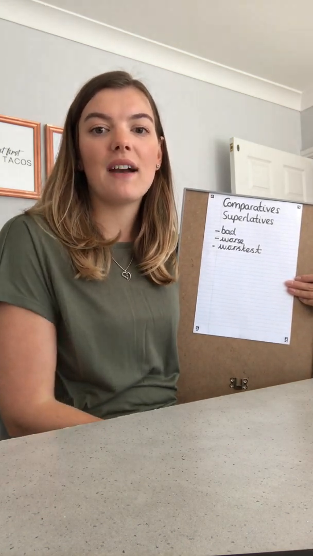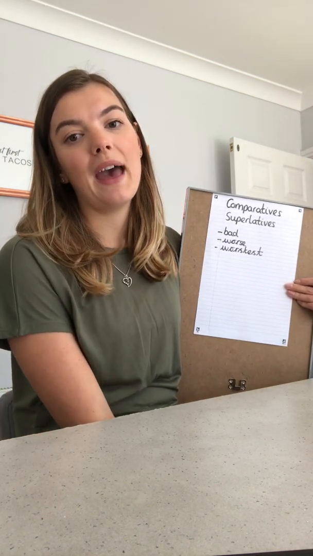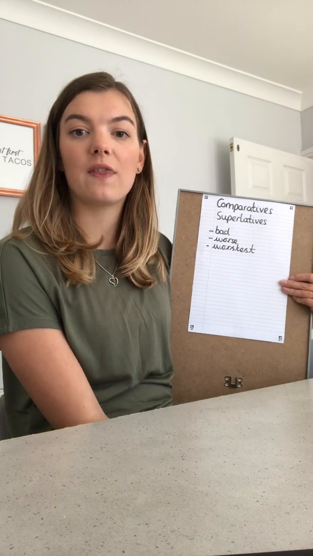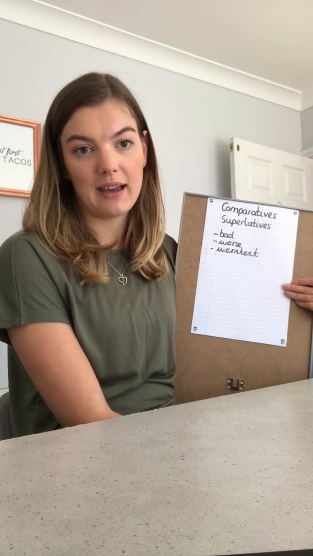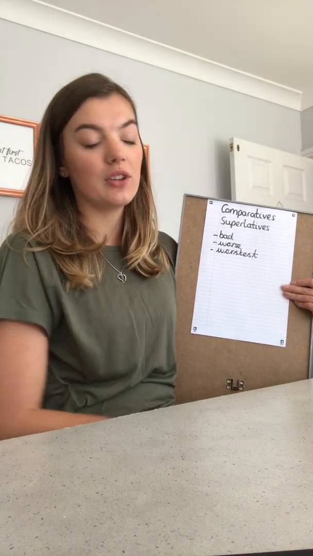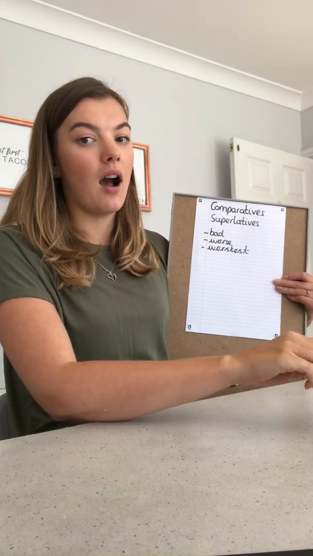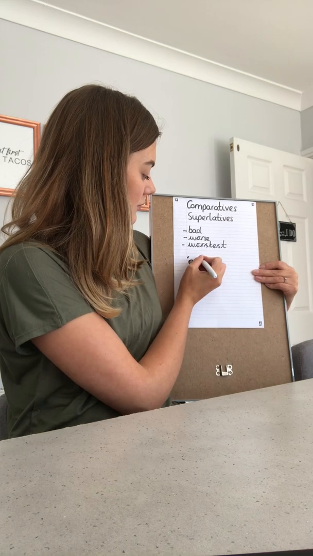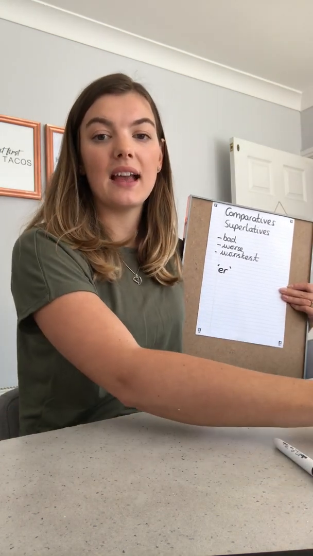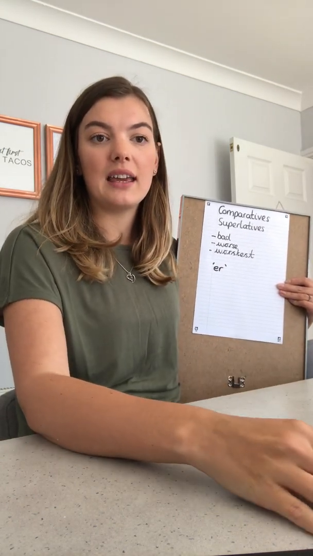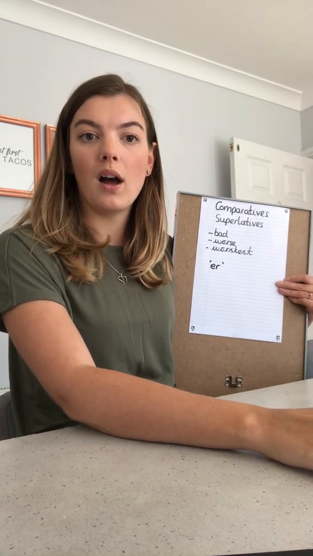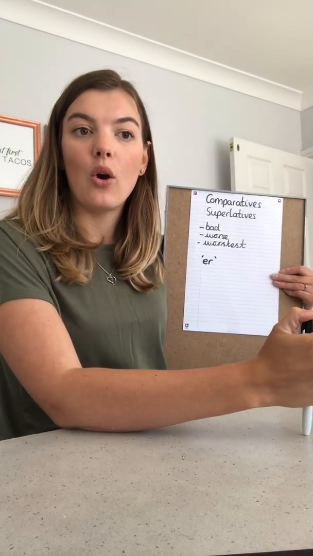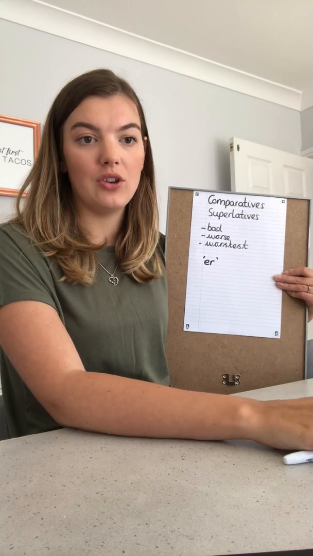Now, a comparative adjective is used to compare a person, action, thing, or state to another. And it's when we add the suffix er onto the end. So I'll say that again. A comparative adjective is used to compare one person, action, thing, or state to another.